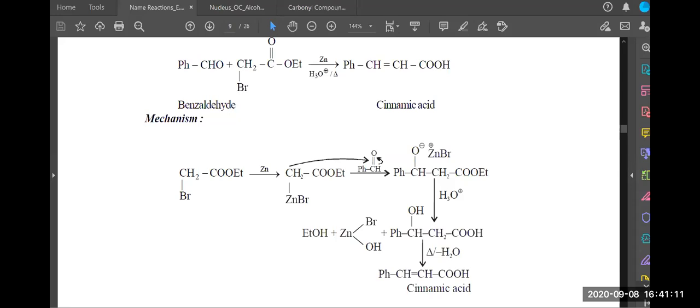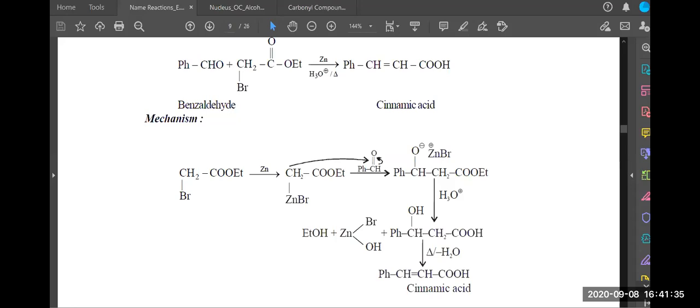It was Perkin reaction. Okay, everyone, I request all of you to please watch this video once again and make your own notes. If you don't write the mechanism, don't worry, but write down reactant, reagent, product.